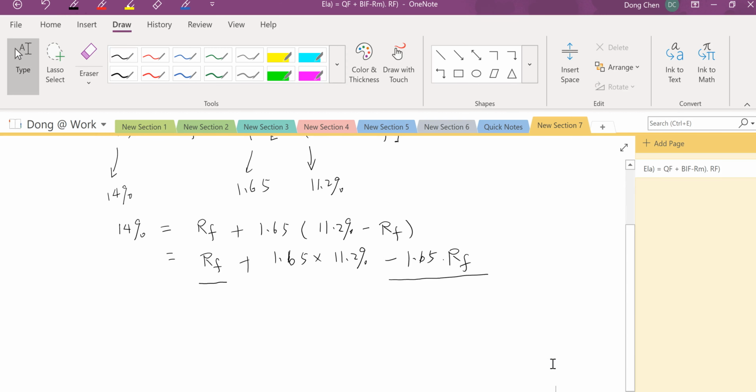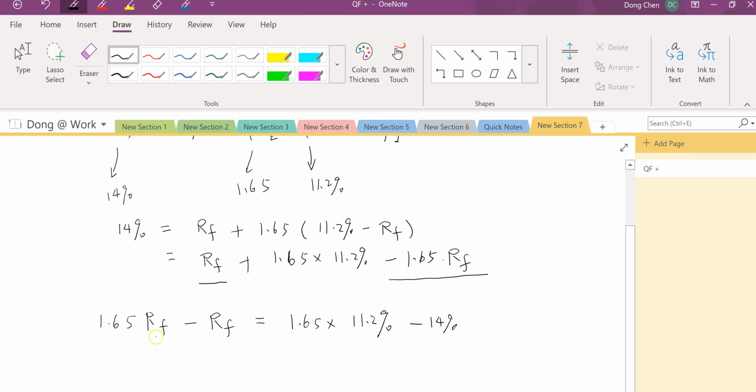If we move this RF and this minus 1.65 RF to the other side, they change sign: this becomes positive 1.65 RF and this becomes negative RF, and this equals 1.65 times 11.2%, and then we move 14% to the other side, so it changes sign.